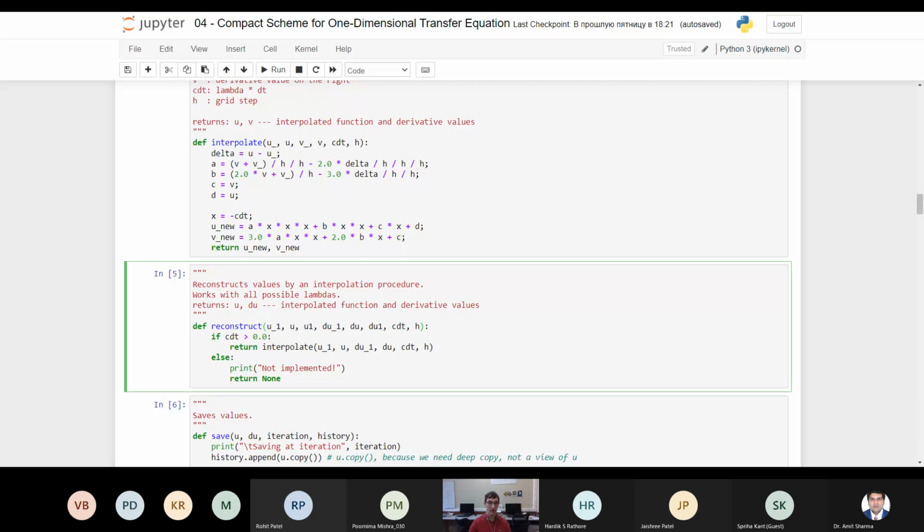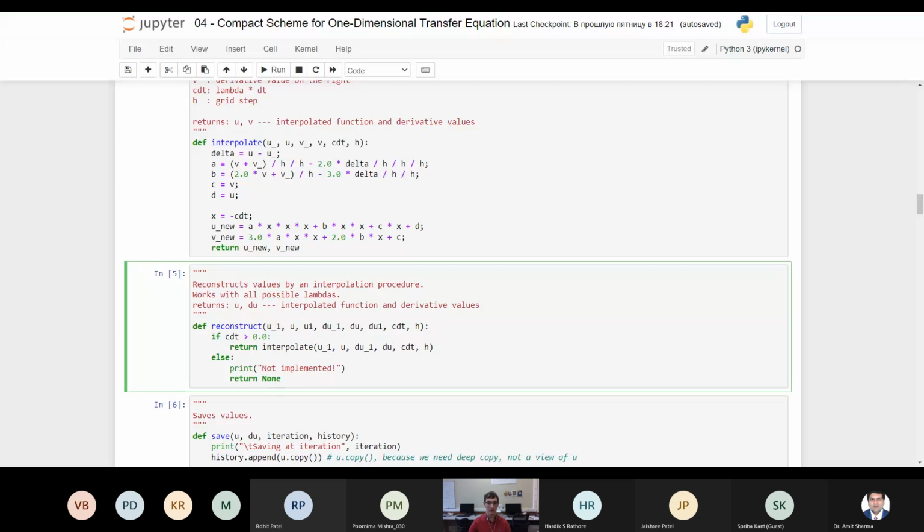And here it's implemented only for the case of positive lambdas. And it just calls the interpolate function with the values of the function itself and the values of its derivative in the current point and in the point to the left.